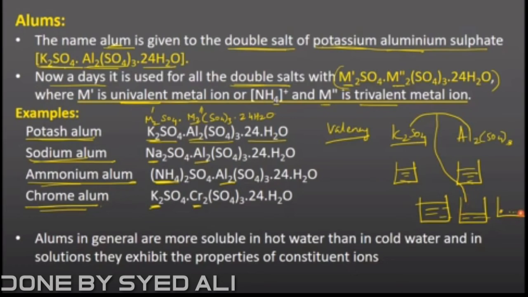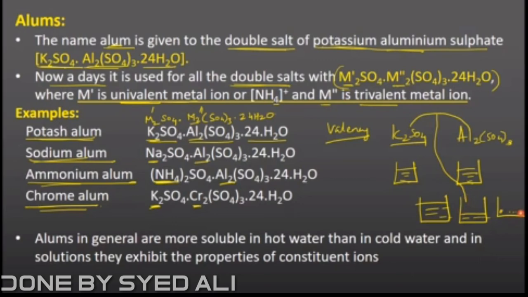Next, we shall study alum. The name alum is given to the double salt of potassium aluminium sulfate. Nowadays, it is used for all the double salts with M2SO4, M2(SO4)3, with 24 water molecules, where M is a univalent metal ion or NH4 plus and M is a trivalent metal ion.